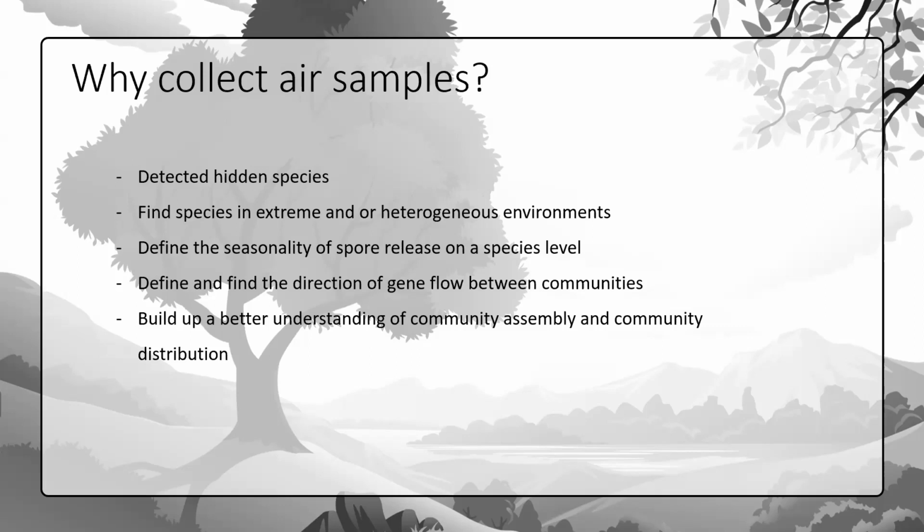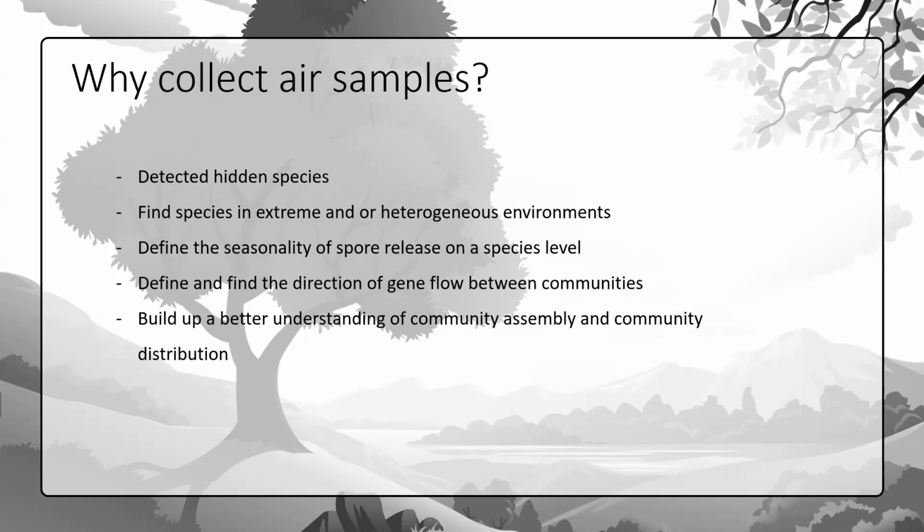And here the interesting part that comes into play is this time component. With air sampling, we are actually able to look into some kind of seasonality of spore release, define on species level when our species releases the spores, and give us the right timing to go out, especially if we do this opportunistic sampling. In the past, we tried to predict the weather and the snow melt events, and then go out.